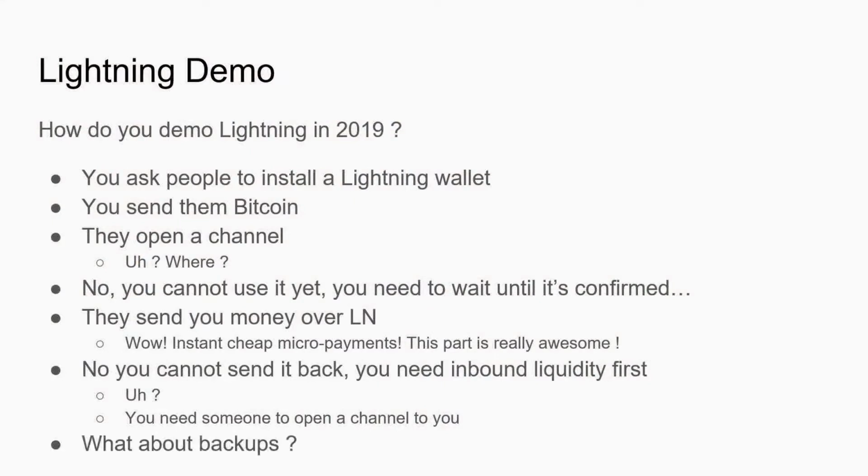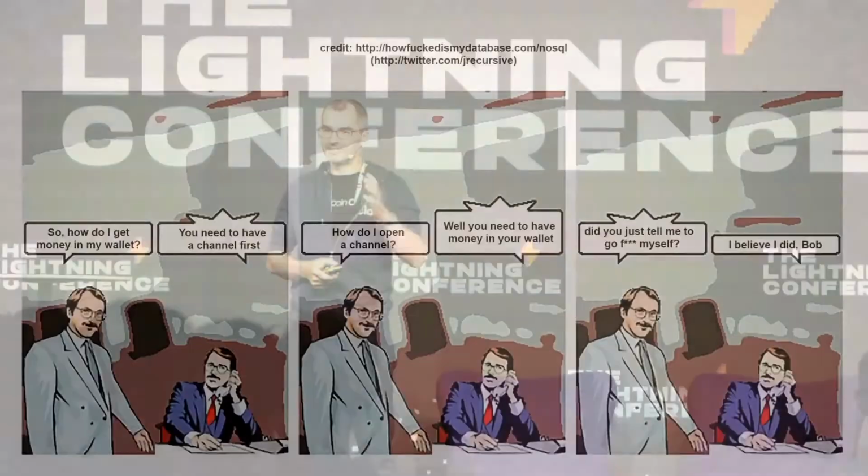And if you start talking about backups, very quickly it becomes hard, because backups in Lightning, and I guess everyone knows that, are tricky to get right. Just a static backup of your seed is not enough. You need dynamic information, and if you are late or if you lose information, you could lose money. So in a nutshell, there are UX problems with Lightning.